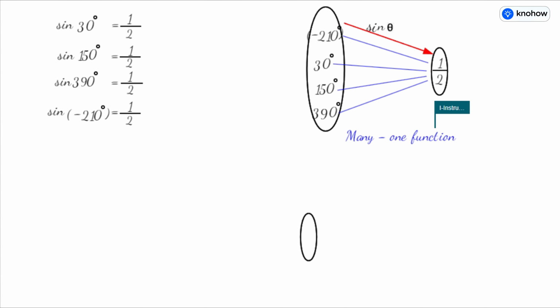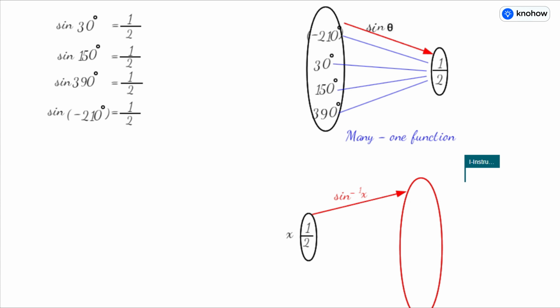Conversely, just look at the reverse. If x is half and the function is the inverse function, that is sine inverse x. So if we just see the two tables, sine inverse half means an angle whose sine is half.